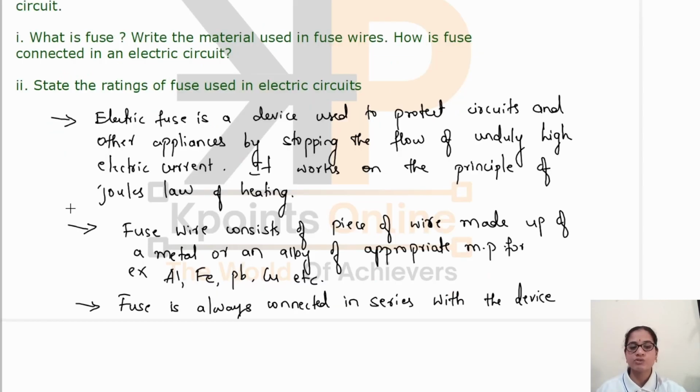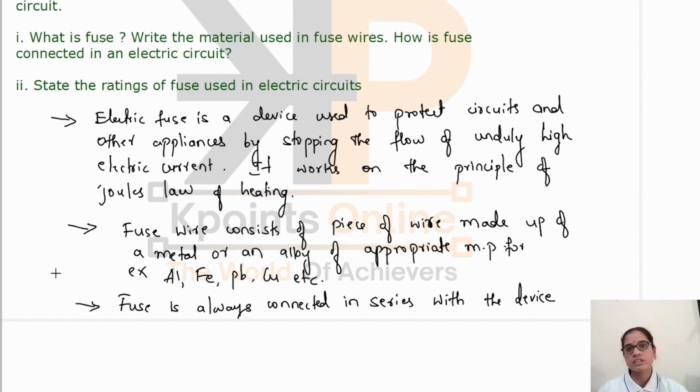What is the main aim of connecting the fuse? When there is large excess of current flows due to any voltage fluctuation, it should break the circuit. In order to break the circuit, that fuse must be connected in series with the device. Otherwise, if it is connected in parallel, then circuit will not be broken.